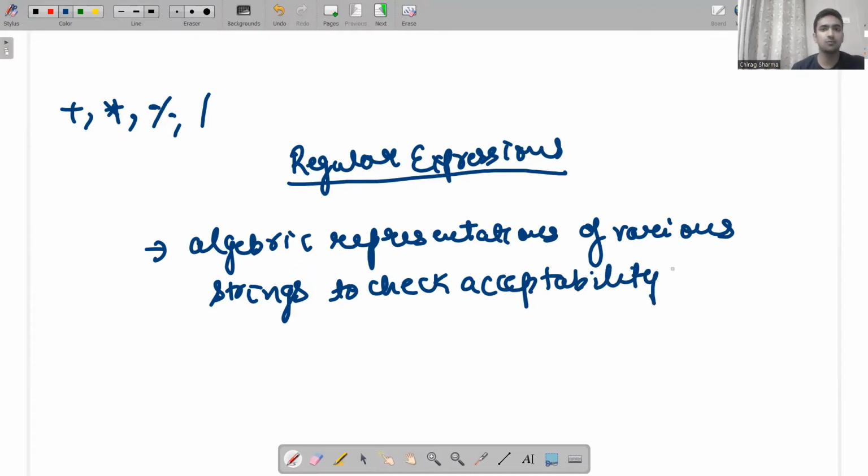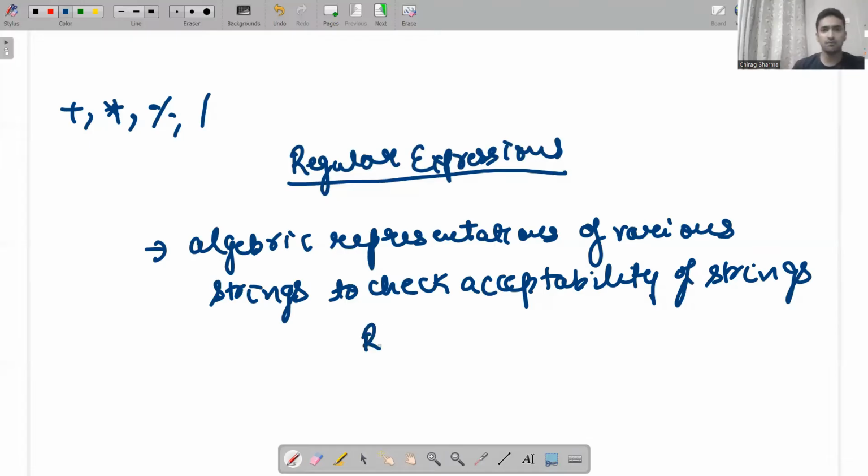So we have to accept what? Strings. Acceptability of strings. So there are many operations which are used in regular expressions. One of them is concatenation, one of them is closure, and then there is another operation which is union. So how those operations are put together, but for that you need to understand what a regular set is.